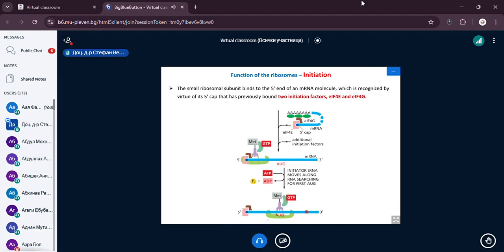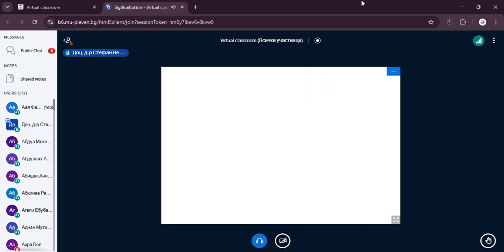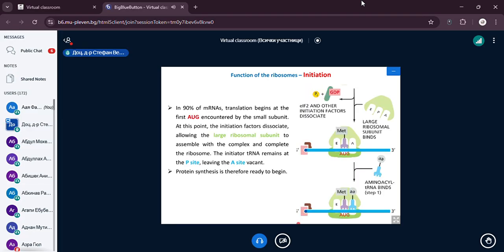And then the next codon, which encodes the next amino acid, for example, it might be ACG, asks for another transport RNA holding the complementary anticodon and bringing the next amino acid. And that's what happens on the next stage.